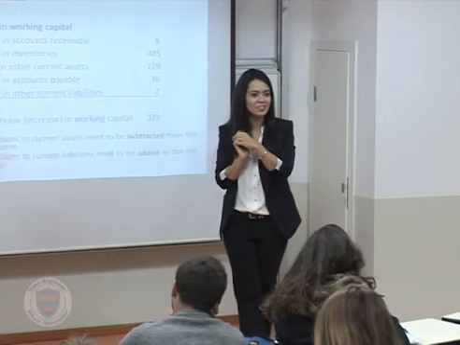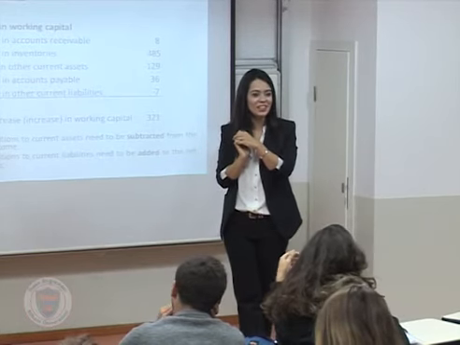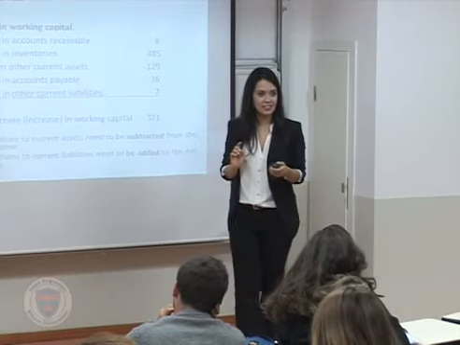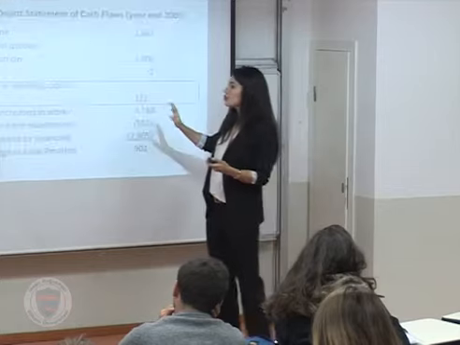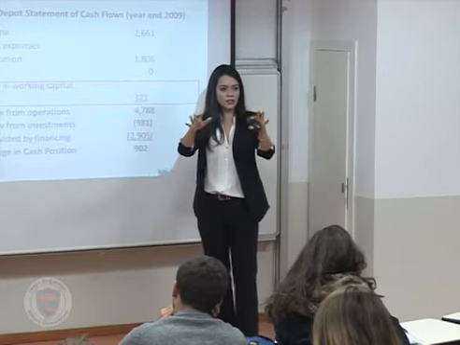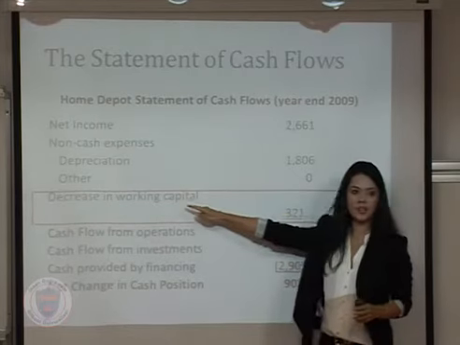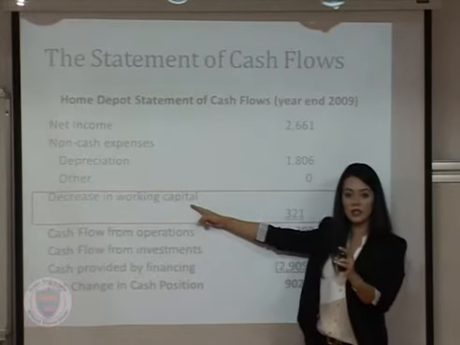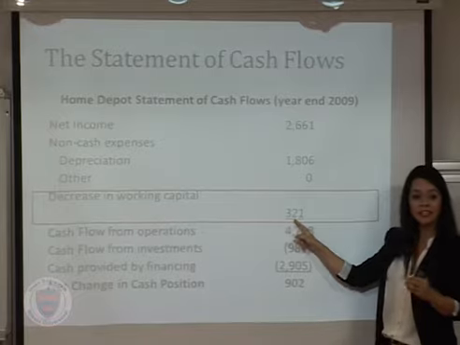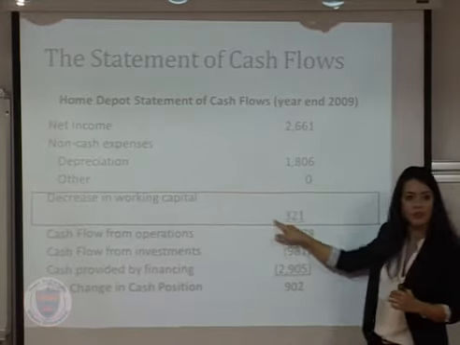Okay, what's the question? We have a cash increase here, right? Yes. But we are writing it as a decrease in working capital. Yes. I mean, you can write it any way you want. I wrote it as a decrease for you to get the details. When you have a decrease in working capital, you have a cash inflow, so this is a positive item.